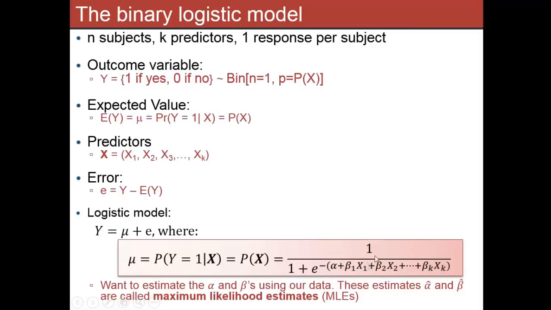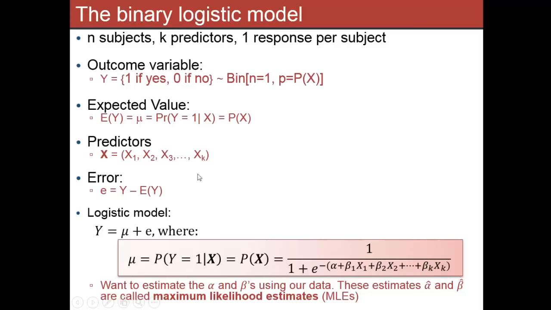So we're going to bring our data to the model. These are our ones and zeros in the outcome column. Here's a lot of information about the people. Find me, proc logistic, the values of these betas that fit the data well. That's kind of the name of the game. And because I want to know the person's probability, I want to know the odds ratio for a certain situation.